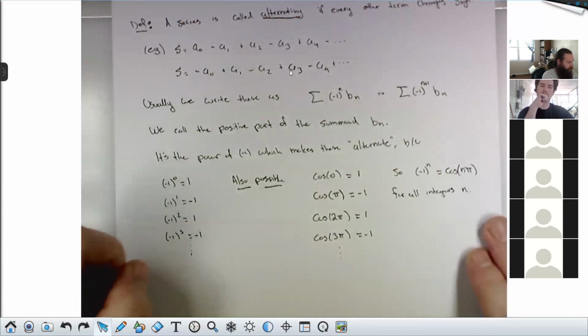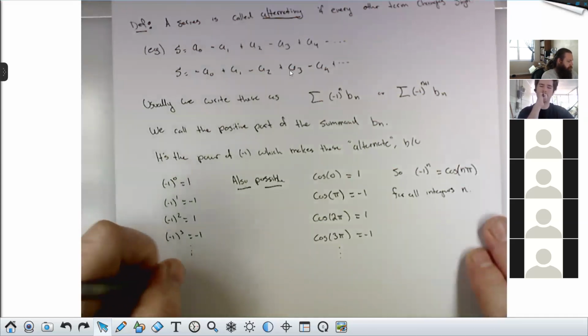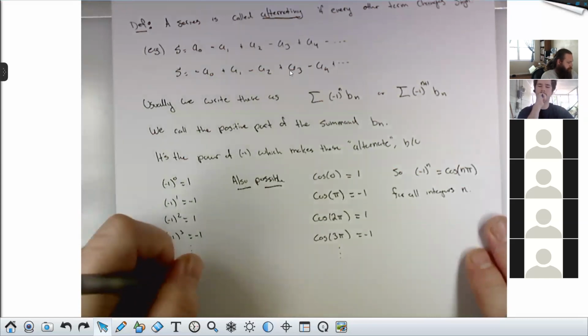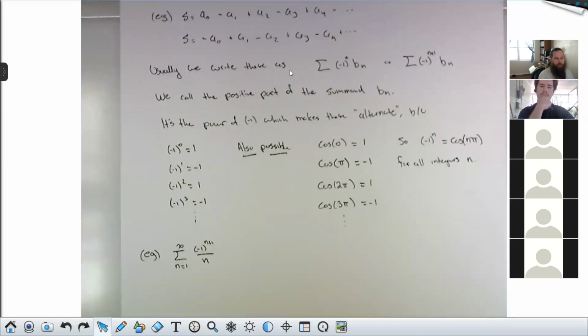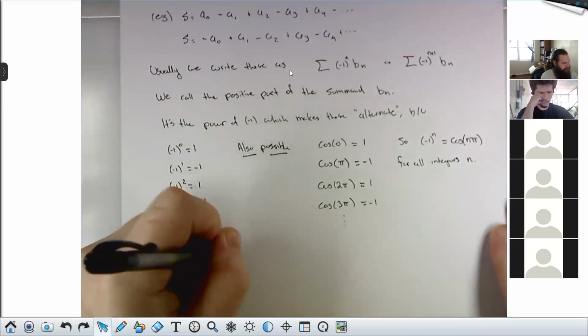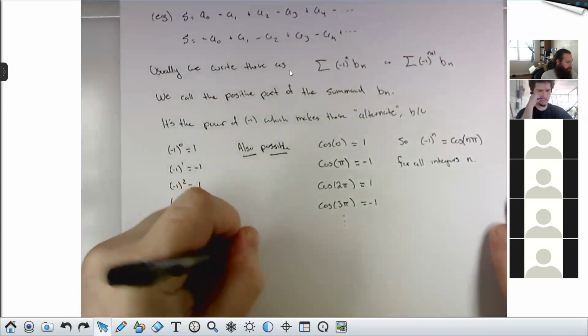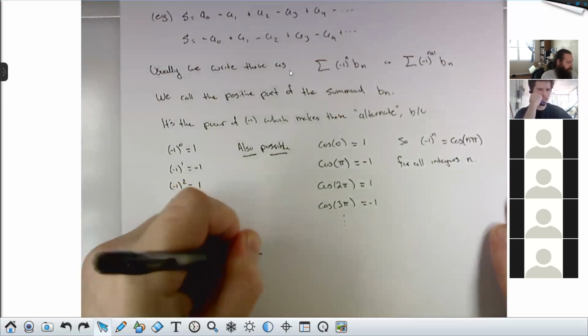A concrete example. This is an alternating series. The first term here is (-1)^2 over 1.